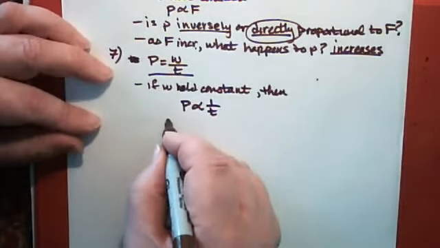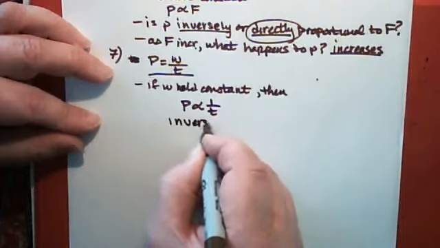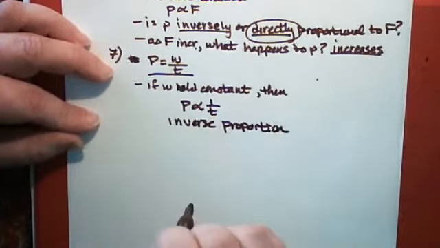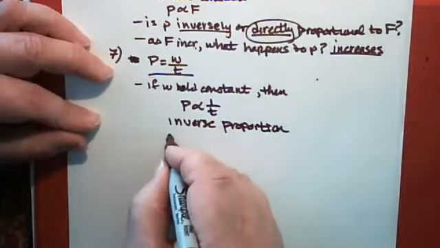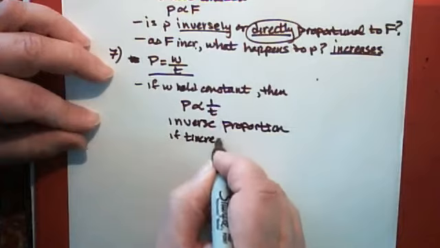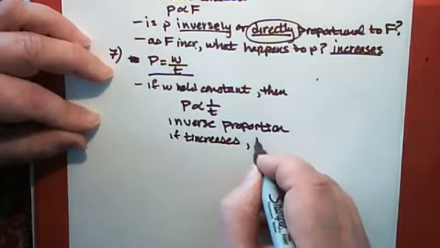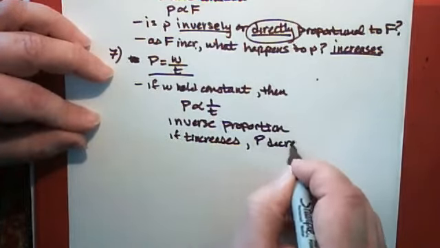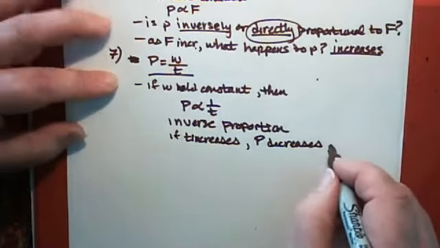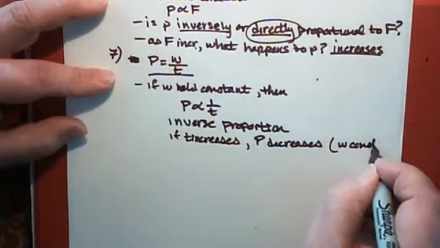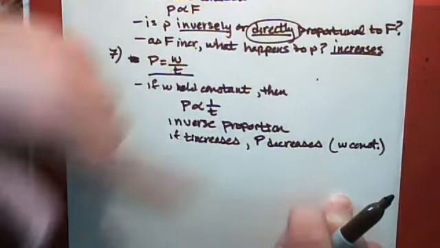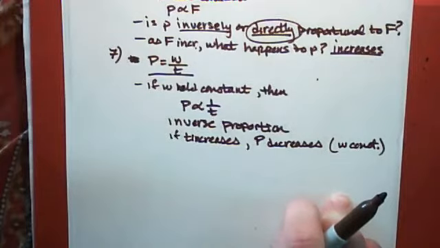And of course, that's an inverse proportion. And if time increases, with work held constant, then power decreases because it's taking you longer to achieve the same amount of work.